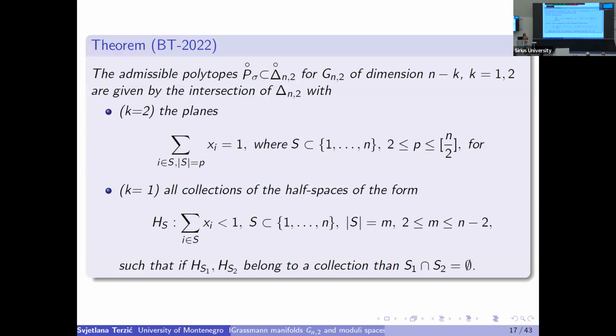We consider half spaces determined by hyperplanes from our arrangement, and then consider admissible collections of these half spaces. We say that a collection is admissible if for any two half spaces HS1 and HS2 belonging to the collection, the sets S1 and S2 do not intersect. So we consider hyperplanes whose indices do not intersect, take the half spaces defined by these hyperplanes, and intersect them with Delta n 2, and in this way we get an admissible polytope of dimension n-1.